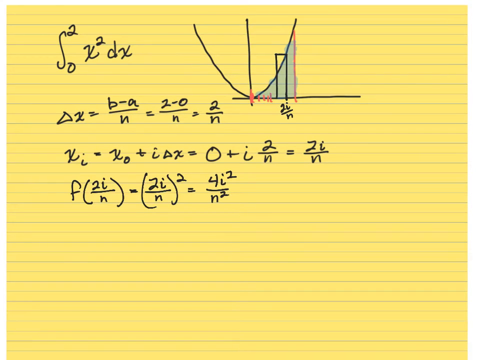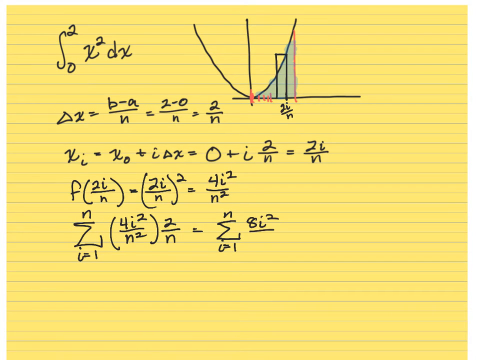So the Riemann sum is simply going to be the sum of i running from 1 to n of the height of the ith rectangle times the width of the ith rectangle. If we work that a little bit, this will be the area using n rectangles with the right-hand rule, 8i squared over n cubed.